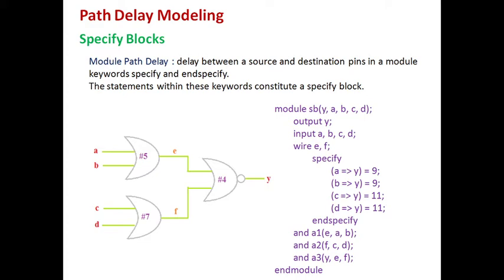A delay between a source pin and a destination pin of a module is nothing but a module path delay, like AEY, BEY, CFY and DFY. Path delays are assigned in Verilog with the keywords specify and endspecify. These are the statements that together constitute a specify block. Only inside the specify block statements can we find the path delays for a given module.